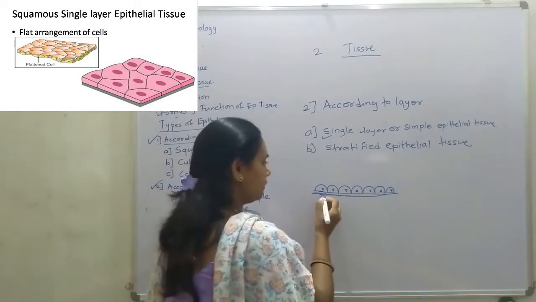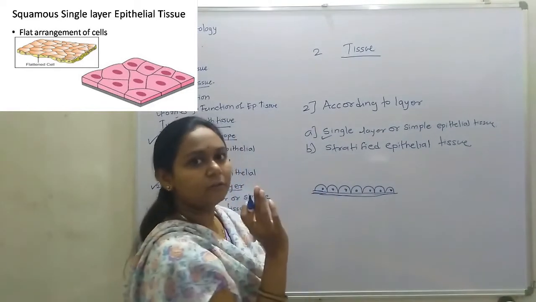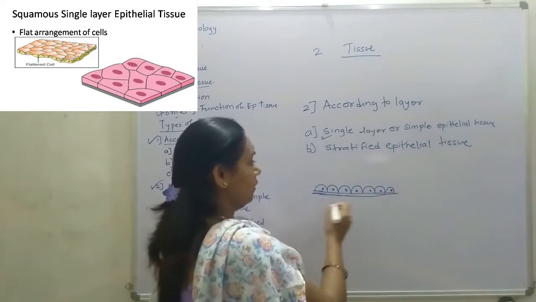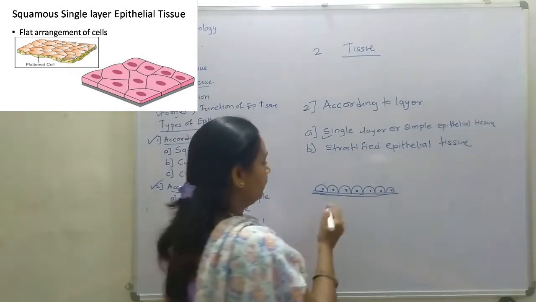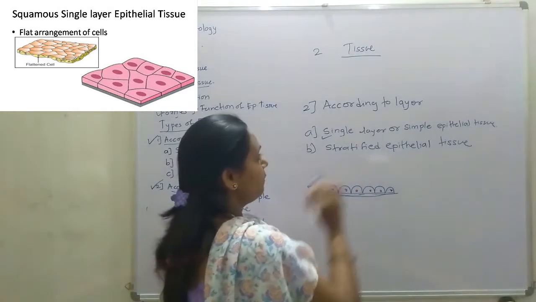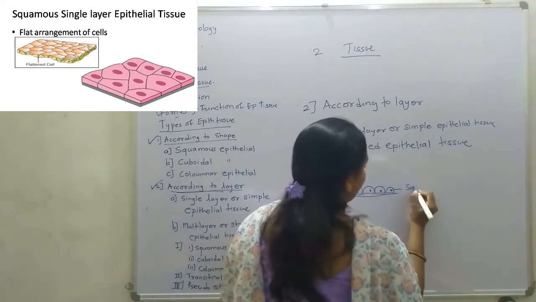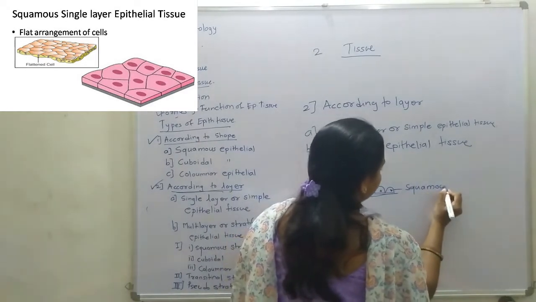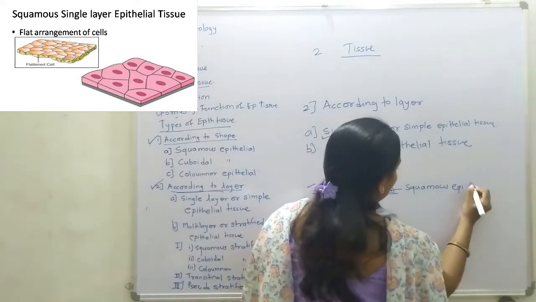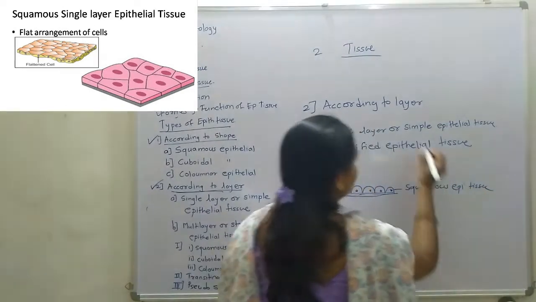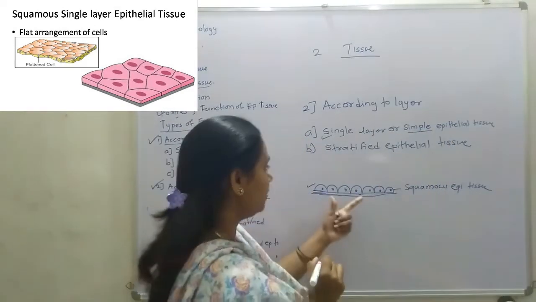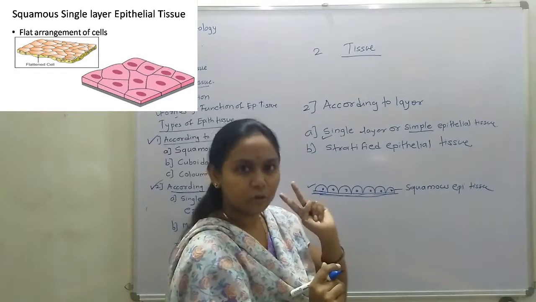So the epithelial tissue rests on the basement membrane. This is a simple epithelial tissue, that is, a simple squamous epithelial tissue.